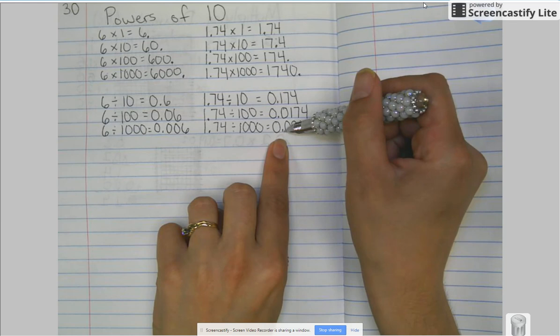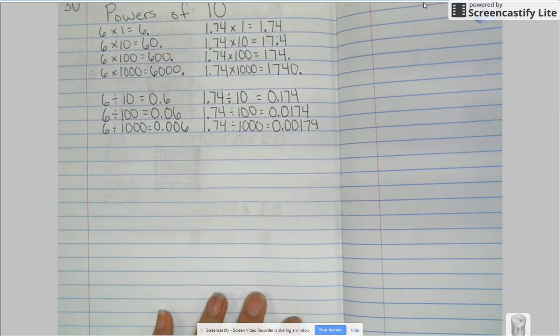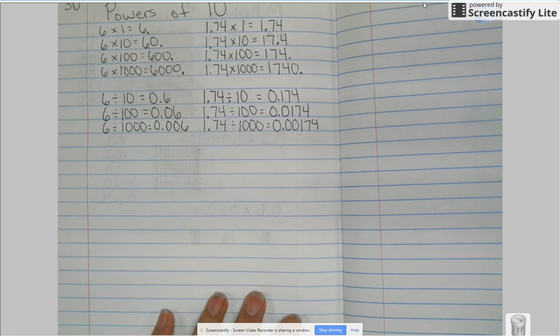Now see how our decimal has moved 3 places here? 1, 2, 3. Okay, so when you are dividing by 10, it's going the opposite direction as when you're timesing by 10.